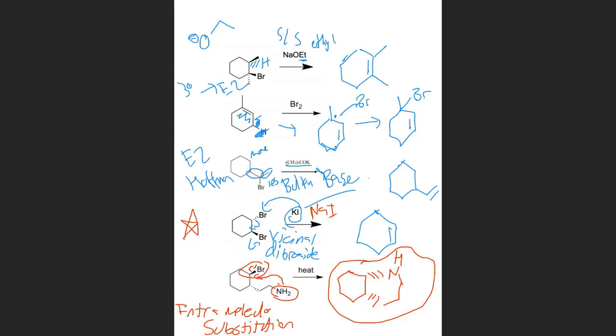So in this example, you just need the two bromines to be anti-coplanar. That's the whole reason why it does this reaction. Okay, any other questions before I move on to the next page?